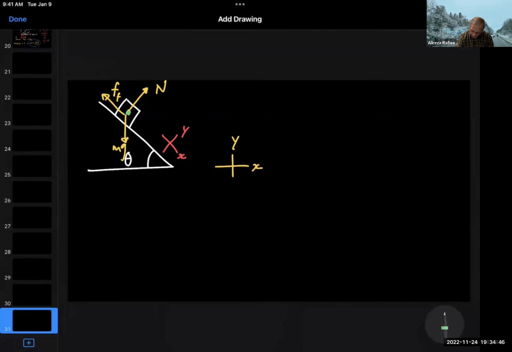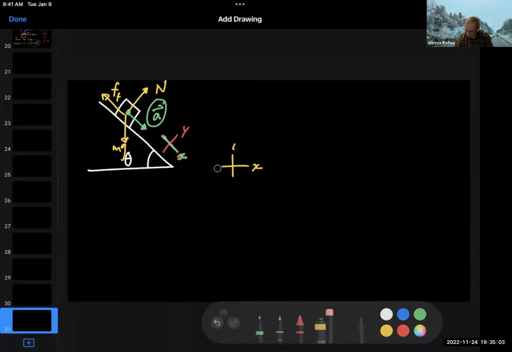In this case, the object is moving down the surface with some acceleration in this direction. So it's much easier if I pick this one as x. Then I have only one component for the acceleration. And so historically, we get rid of this kind of coordinate system. We don't use that.